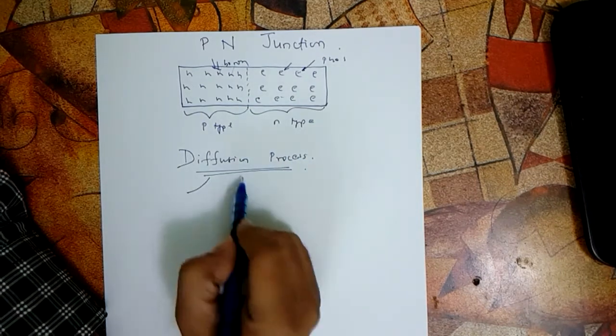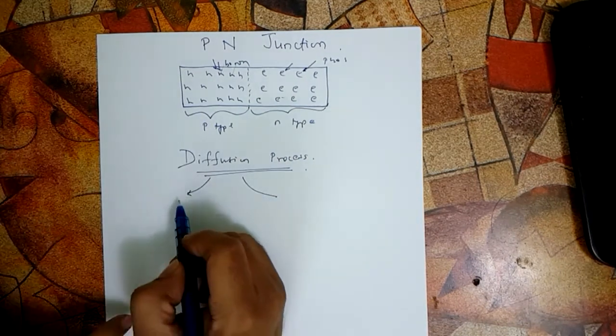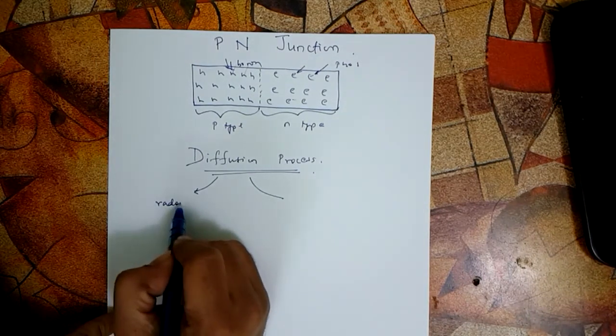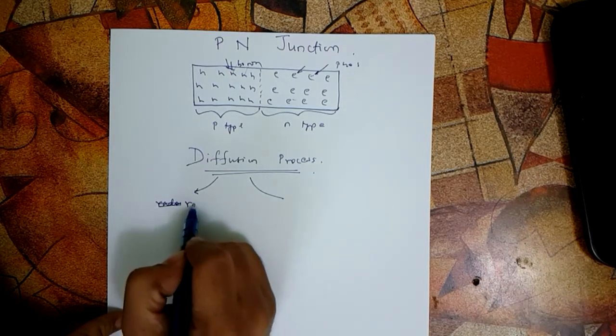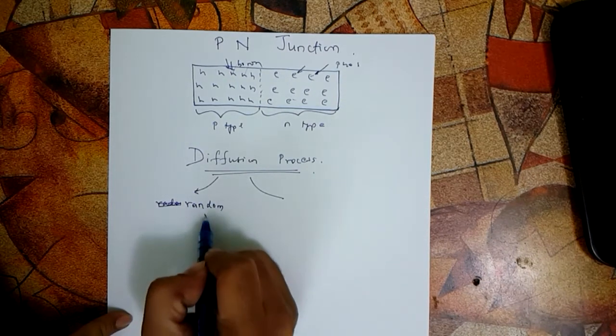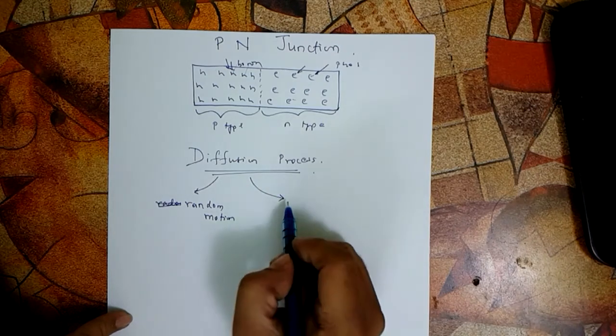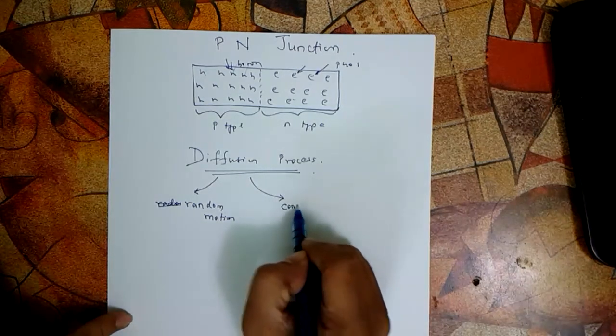Now diffusion happens because of two things. Two things are required. The first necessity of diffusion is random motion. The second requirement of the diffusion process is the concentration gradient.